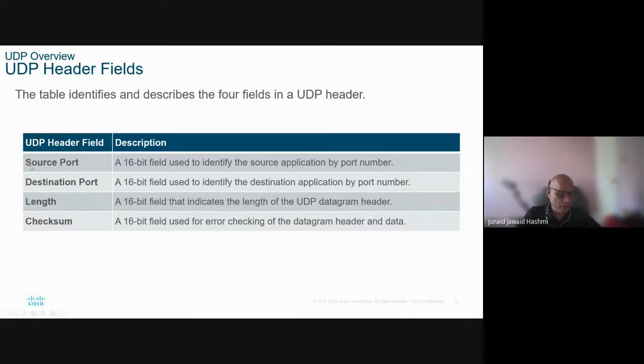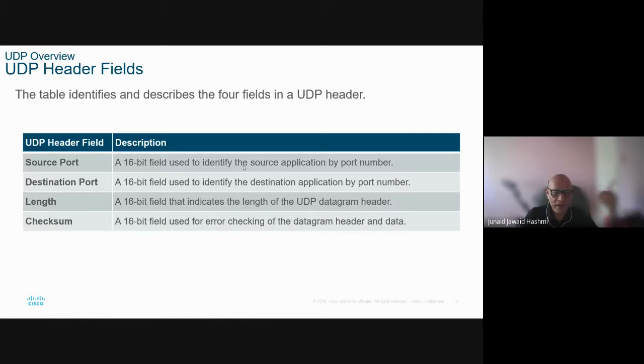I'm going to tell you about the source port in the next slide. Sorry, there is a section about the port. A port identifies a specific application. An IP address only identifies a host, the whole computer or the server.